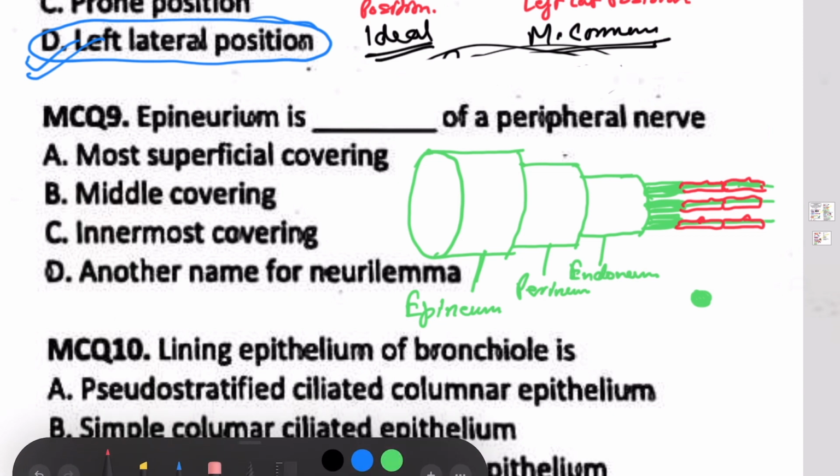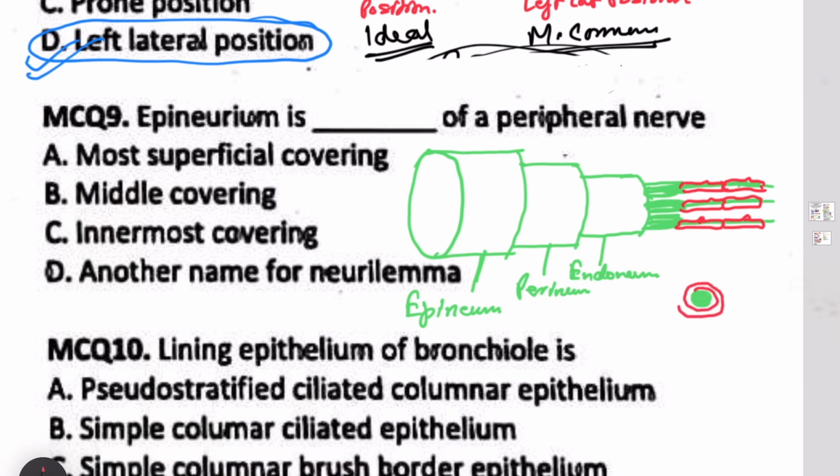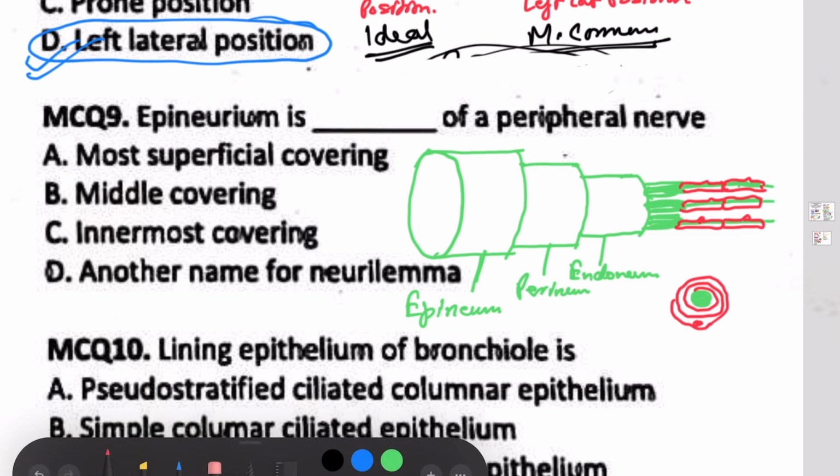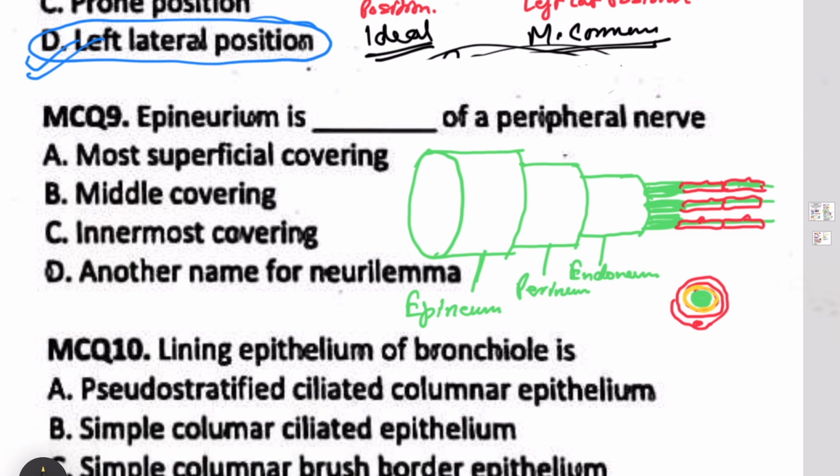And this is the Schwann cell that wraps around the axon. The nucleus will be pycnotic on the outer layer, while the inner layers of the Schwann cells form myelin, the myelin covering, and the outermost covering is called neurilemma, right?